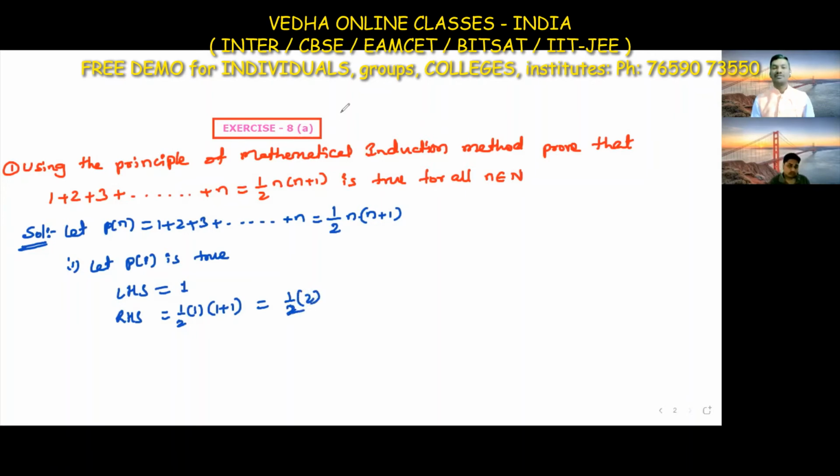If we cancel the 2 and 2, we get 1. Check the LHS and RHS: LHS is 1 and RHS is also 1. LHS is equal to RHS. Hence P of 1 is true.